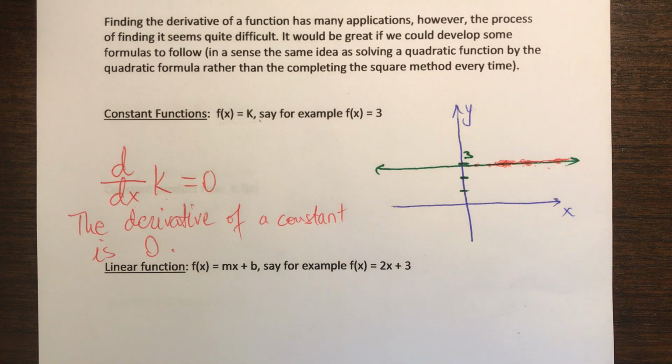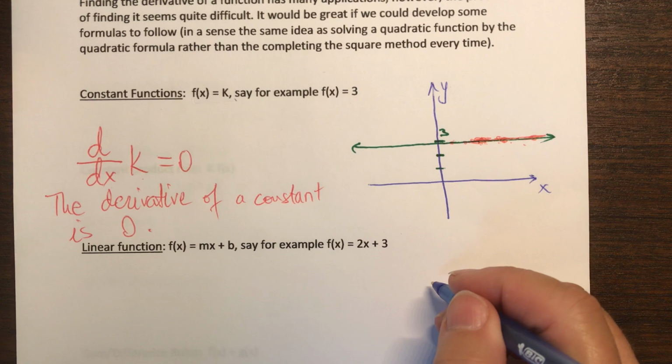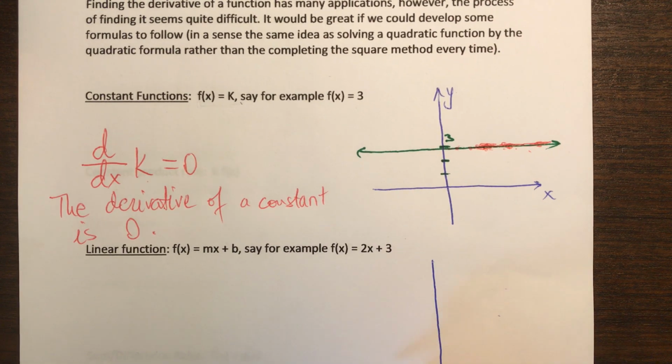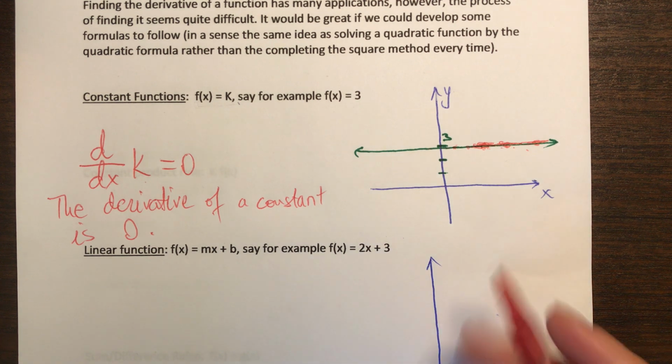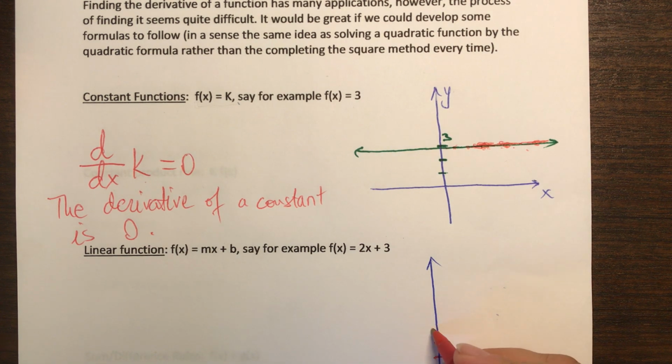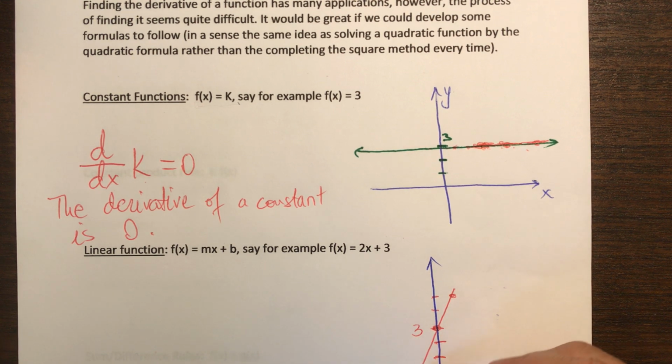A linear function, as we saw last time, and we drew this same 2x plus 3 function, a linear function. I'm going to draw it one more time for you. So 2x plus 3, 3 is the y-axis intercept. The slope is 2 over 1, so here it is. Yes, we drew this already. What will be the slope of any tangent line to it?